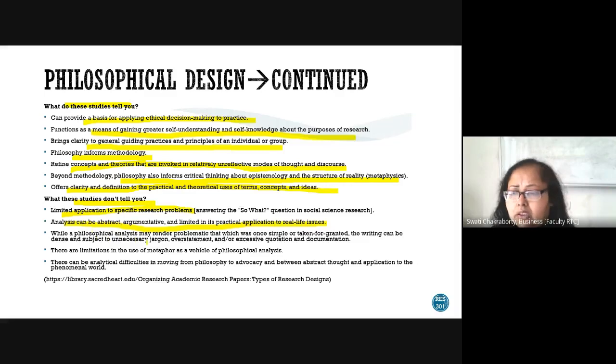While a philosophical analysis may render problematic that which was once simple or taken for granted, writing can be dense and subject to unnecessary jargon, overstatement, excessive quotation, and documentation. There can be limitations in the use of metaphor as a vehicle for philosophical analysis, and there can be analytical difficulties in moving from philosophy to advocacy, between abstract thought and application to the phenomenal world.